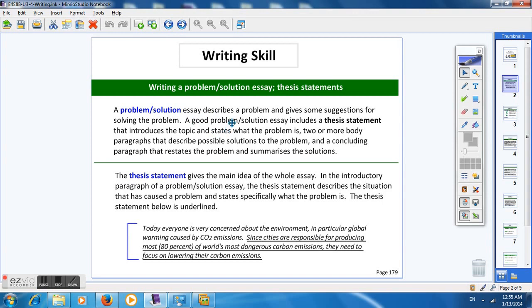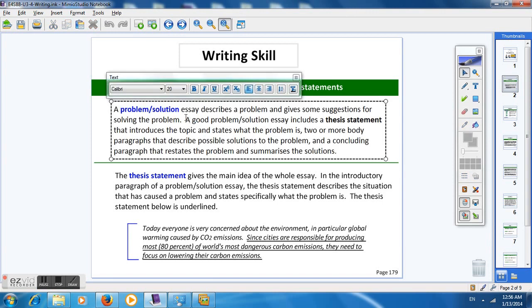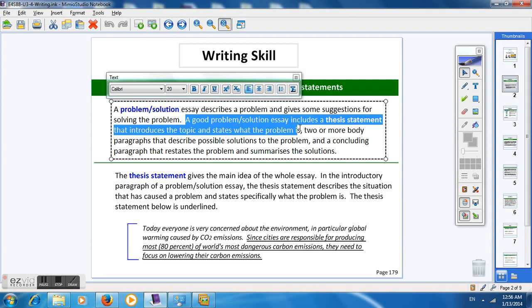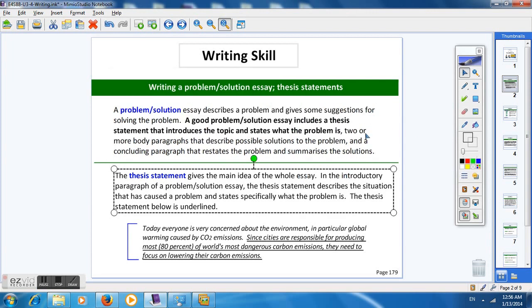A good problem solution essay includes a thesis statement that introduces the topic and states what the problem is. Okay, I'd like to highlight that one up here. It has 2 or more body paragraphs that describe possible solutions to the problem, and a concluding paragraph that restates the problem and summarizes the solutions.